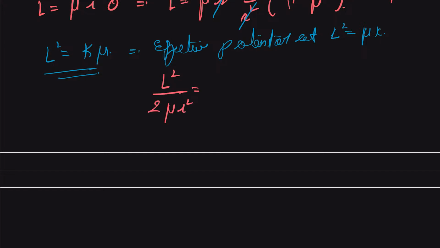We substitute the value of L square, which is k times mu, over 2 mu square, and here mu and mu cancel out, so this comes as k upon 2r square.